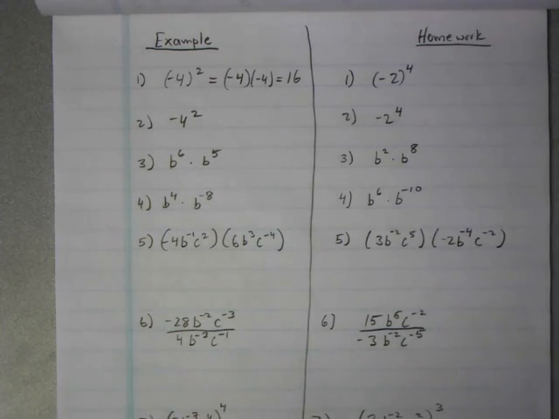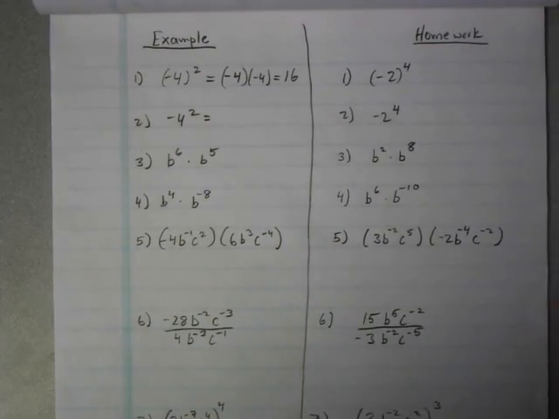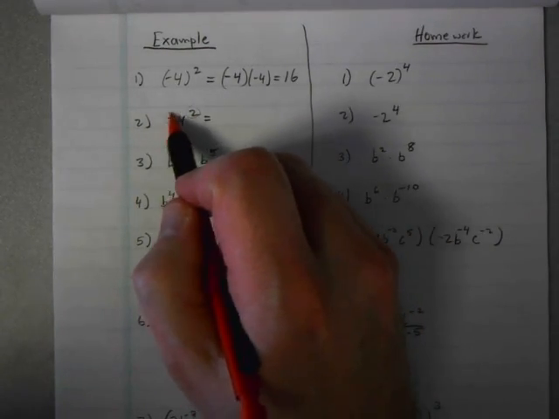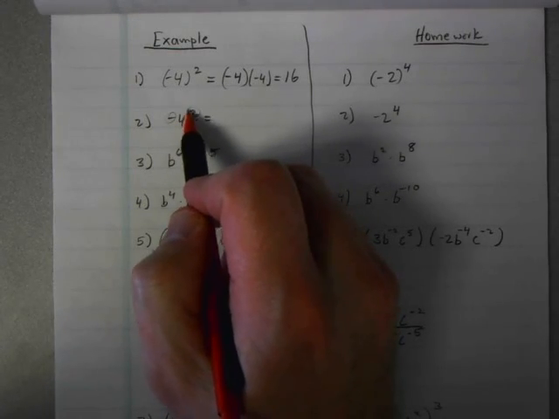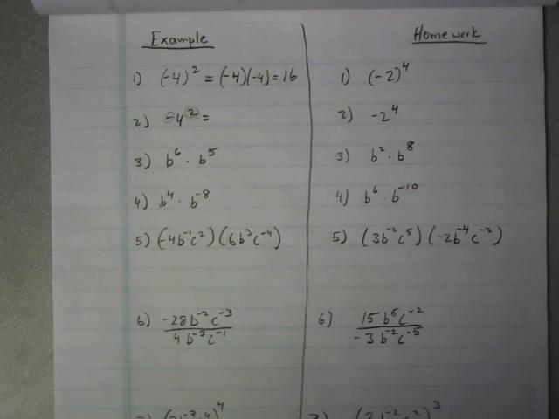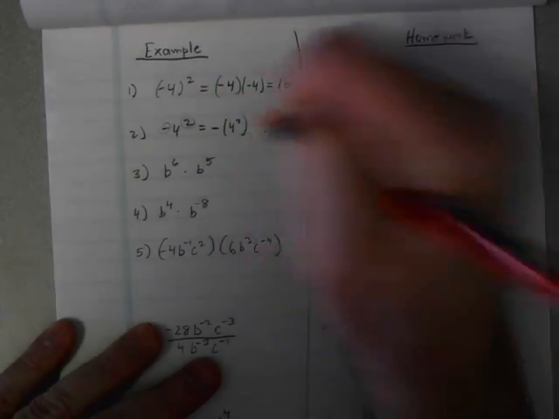Okay? Here's what happens with this one. This is order of operations. In the order of operations, you have to remember what comes first. Powers or exponents? Powers and exponents are the same thing. Powers or minus signs. And the answer is powers come first. So this is really the same as that.